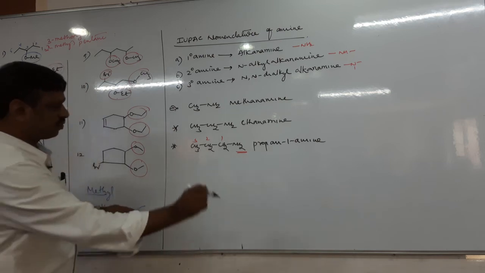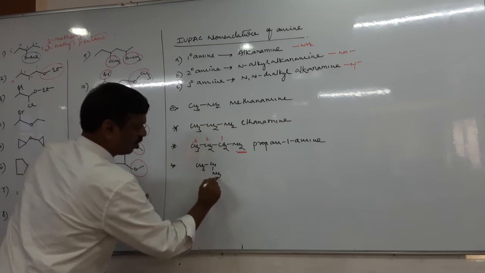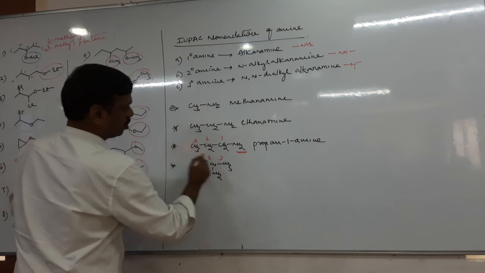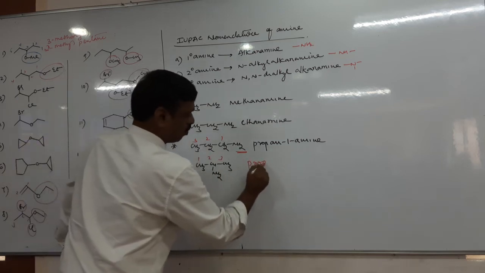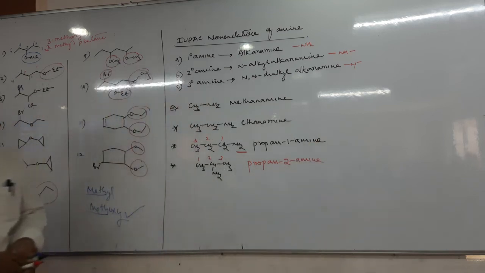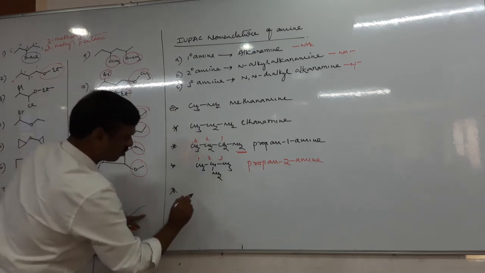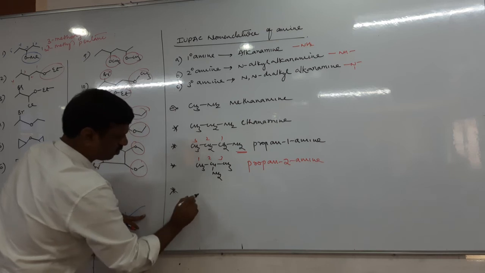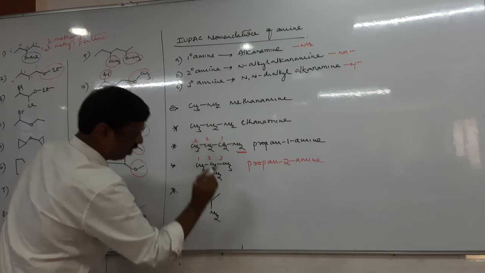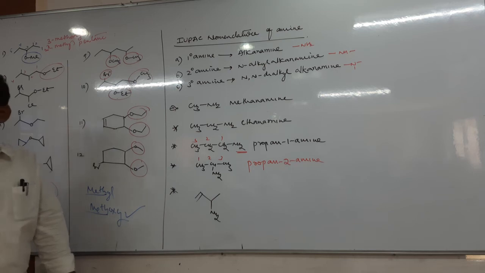Okay. Next, if it is CH3CH(NH2)CH3, the numbering 1, 2, 3, it is propane-2-amine. Yes or no? Next, if it is a double bond and NH2, so give the numbering.